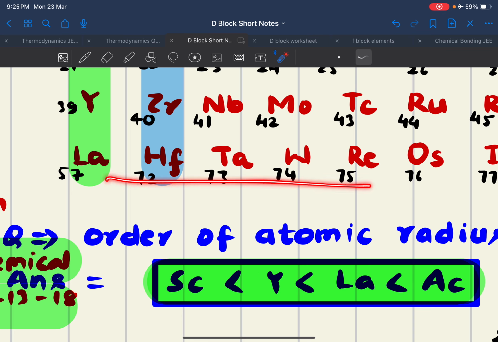This period, I mean 5D elements, experience a strong nuclear force, or you can say the effective nuclear charge is higher because of the poor shielding effect of 4f subshell, and the same thing is also known as lanthanoid contraction.